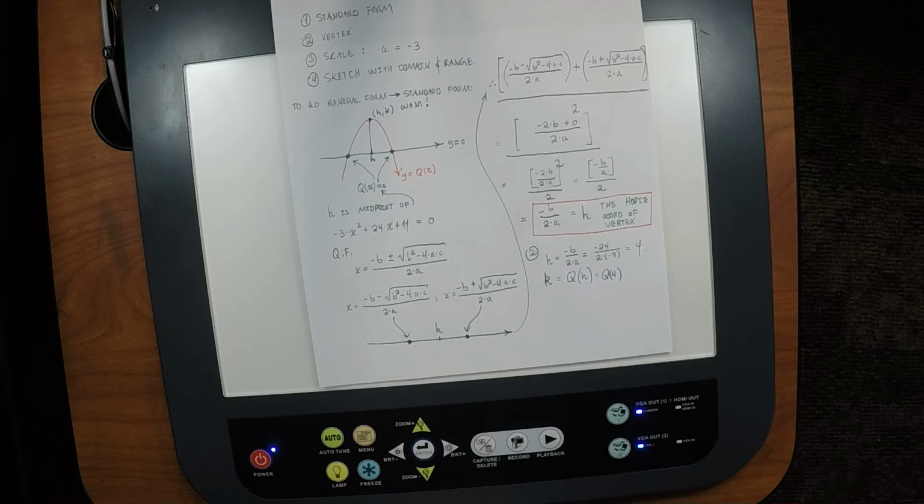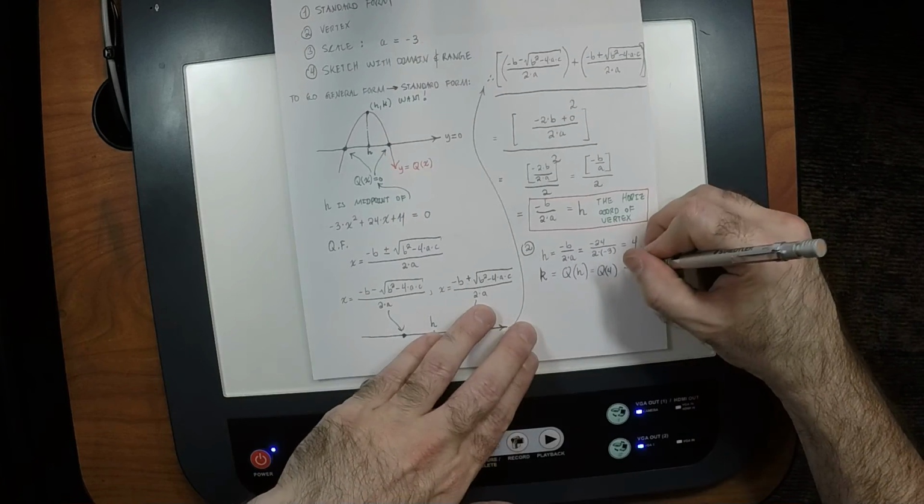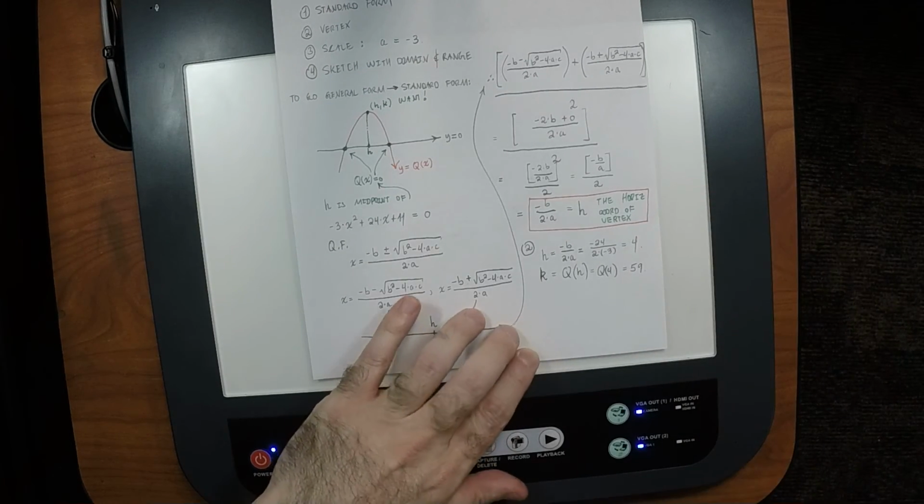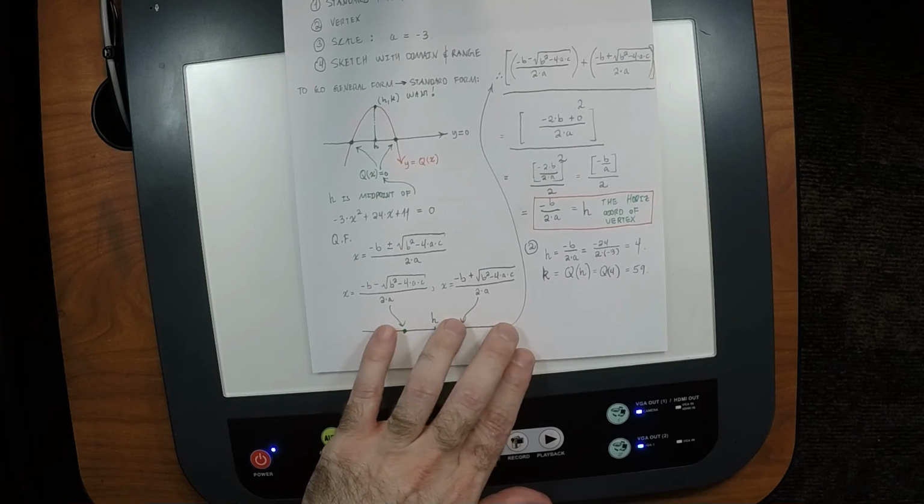Negative 3 times 4 squared plus 24 times 4 plus 11. So I get 59. Let me make sure I did it right. Okay, 59. So therefore, we can now make an answer.